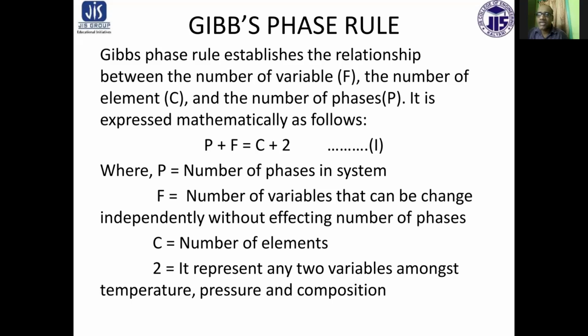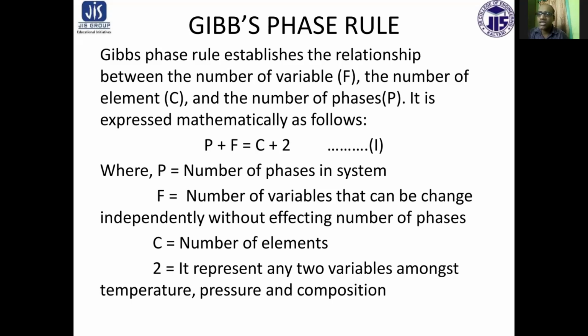It is a mathematical expression given by P plus F is equal to C plus 2, where P is the number of phases in the system, F is the number of variables that can be changed independently without affecting the number of phases, C is the number of elements, and 2 represents two variables among temperature, pressure, and composition. So out of 3, 2 variables are there.